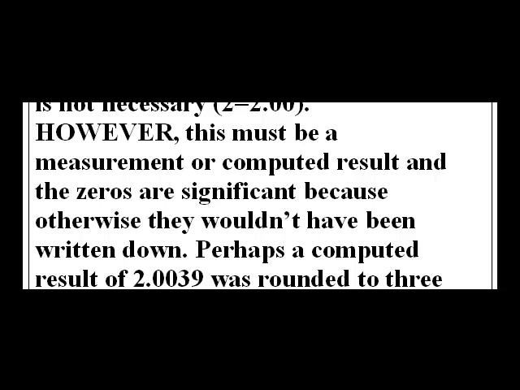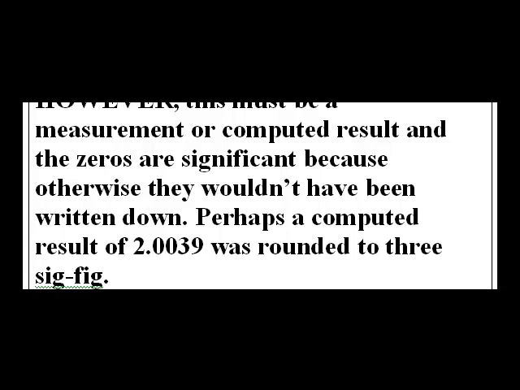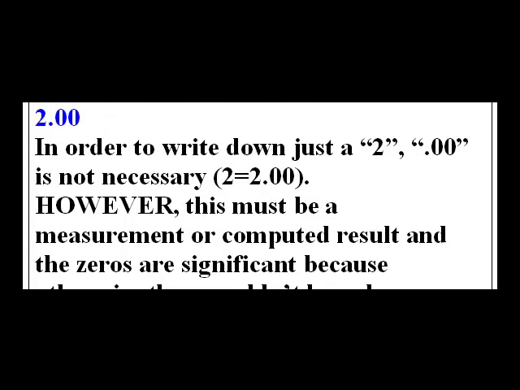Perhaps a computed result of 2.0039 was rounded to 3 significant figures. In order to show that the result is that accurate, those two are written here to show that there are 3 significant figures. So you did measure or compute it that accurately. It's not just a 2. That would only indicate it's 1 significant figure. You measured more accurately than that, 2.00. And I show the last one in my next recording.